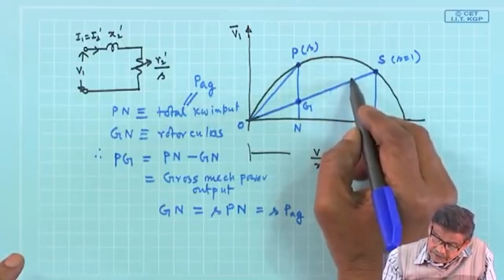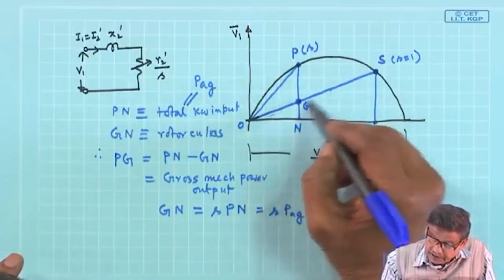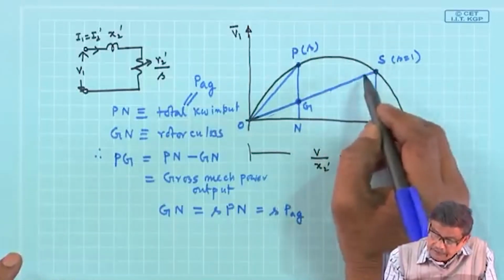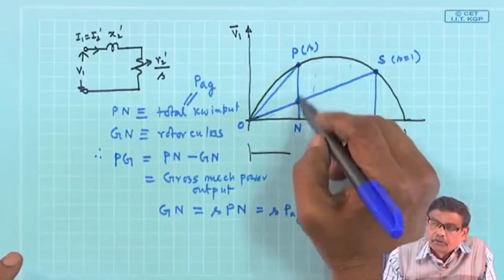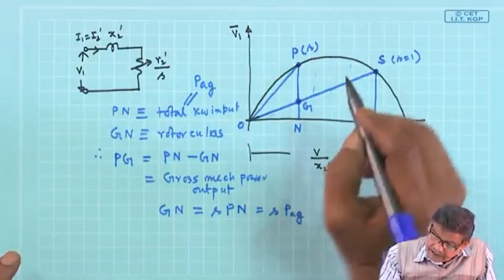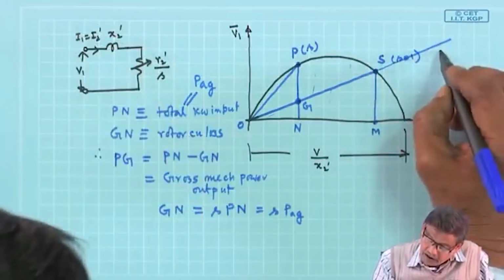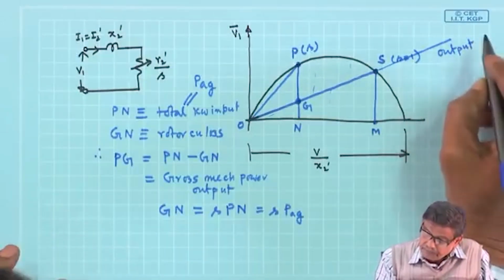Therefore, this vertical interception between the perimeter and the line which corresponds to the standstill condition gives you the mechanical power output. That is why this line is often called the output line, or output power line.